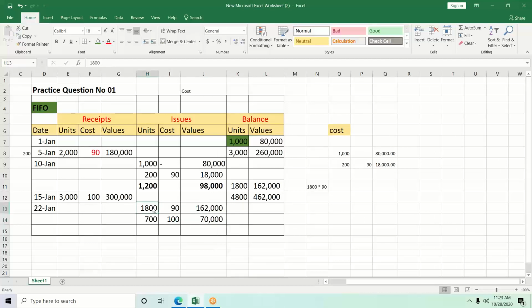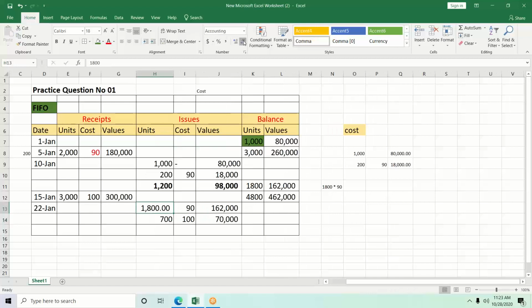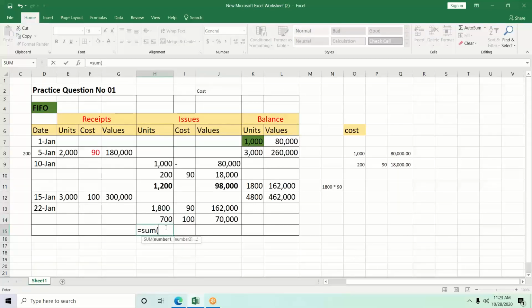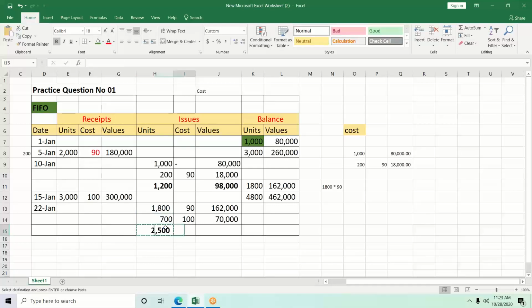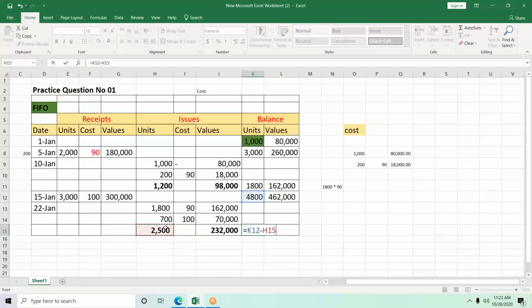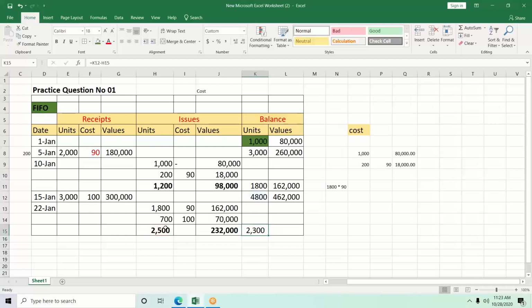So, son, how much is the total value? 1,800 and 700, that is 2,500, and this is 232,000. Before the issue you had 4,800, but you issued 2,500, and the remaining balance will be 2,300.